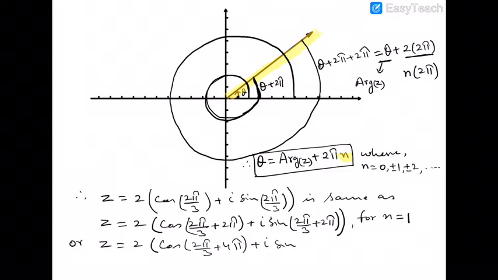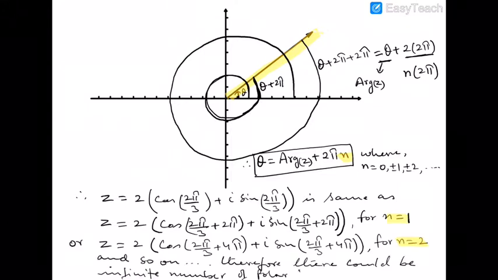We will get the same complex number, or we will touch the same line segment. Therefore, we will get an infinite number of polar equations.